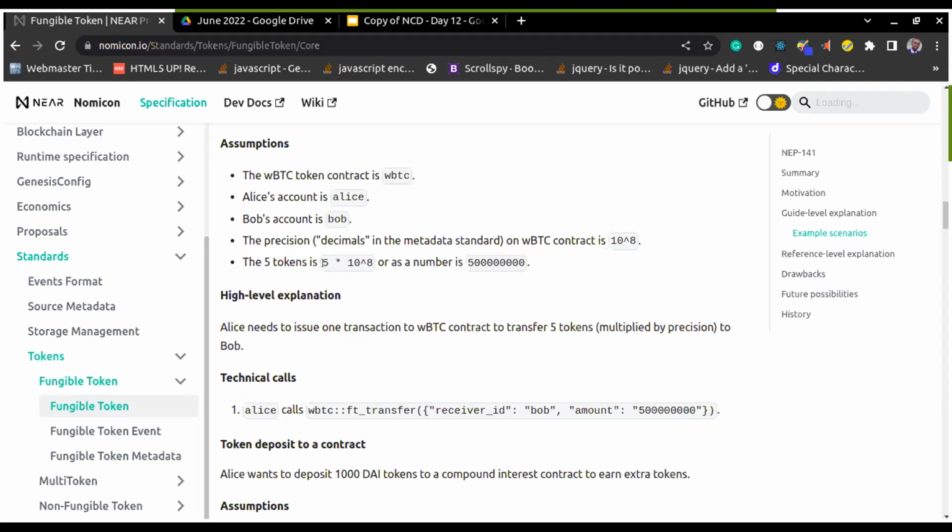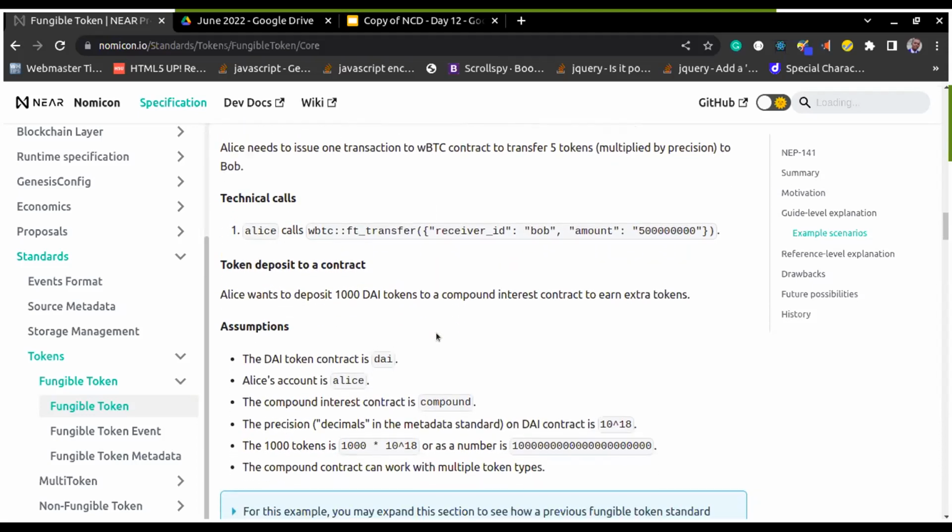Then after the conversion, that is when the transfer happens, and the subtraction and addition happens within the smart contract. So if you just transfer it as it is, it would bring in some errors. And that's why we have the decimal precision. And again, we're going to see this when we talk about the fungible token metadata and how we can provide it within our smart contract.